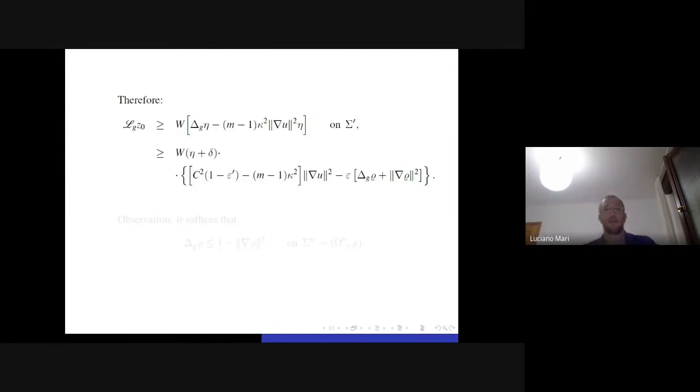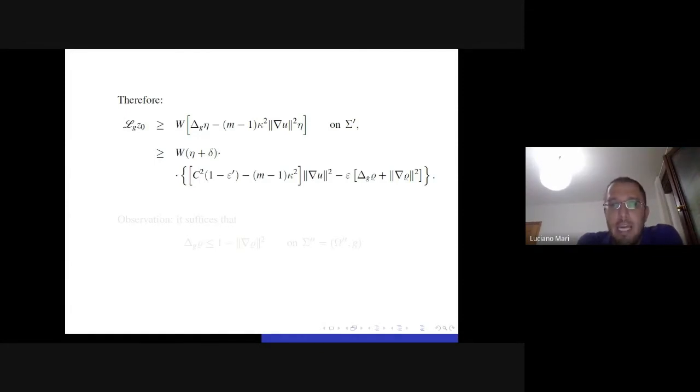And we plug into the expression for LG of Z0, and we get that long coefficient in brackets. Observe that on sigma prime, the graph over omega prime, W times eta plus delta is positive.